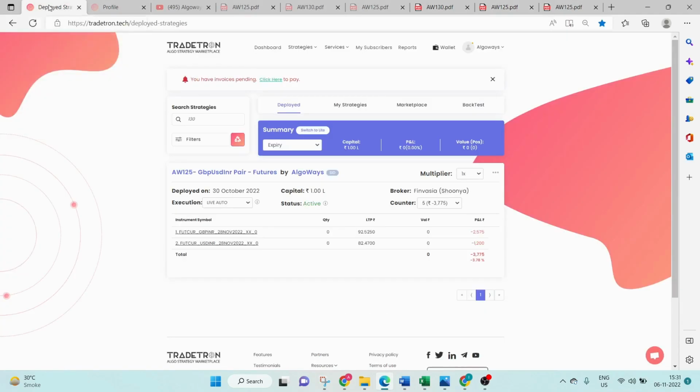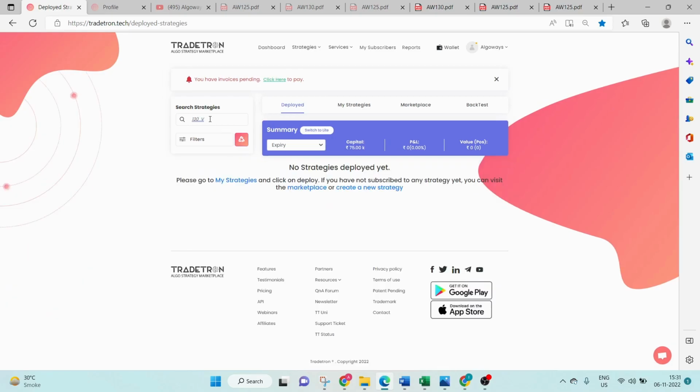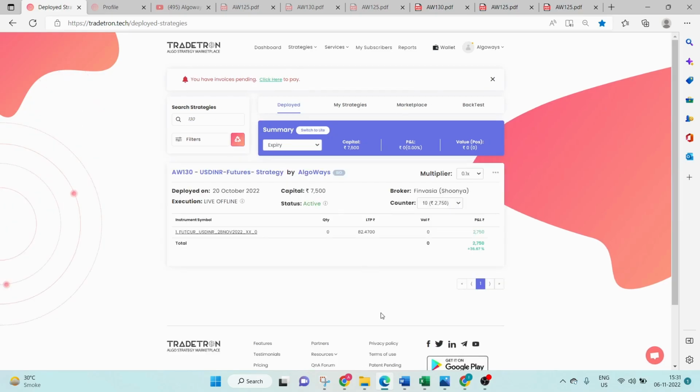So suppose we have this deployment of USD INR. If you see here, this deployment is offline and it is at 1x, but we have the option here. Now see, it is taking 75k as margin at 1x, but if we select 0.1x and refresh this, you can see that the margin has come down to 7,500.